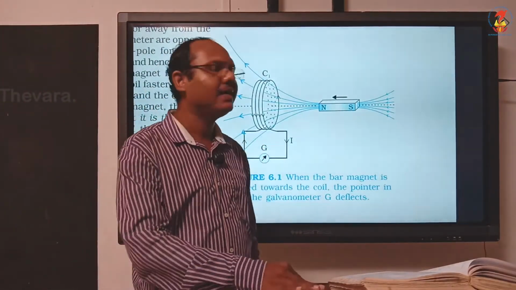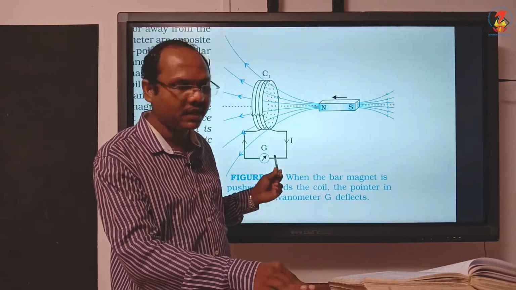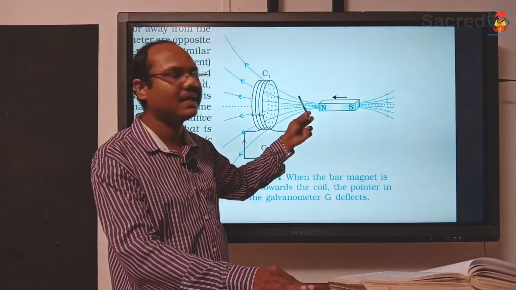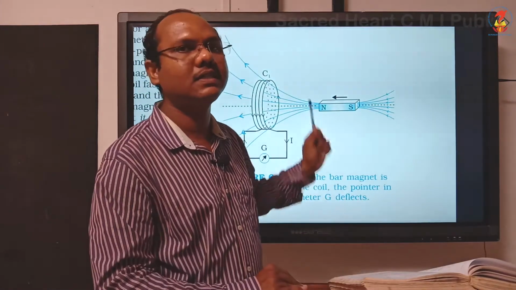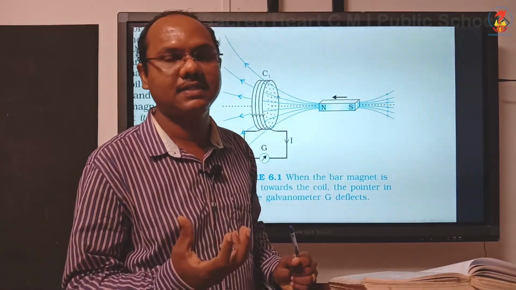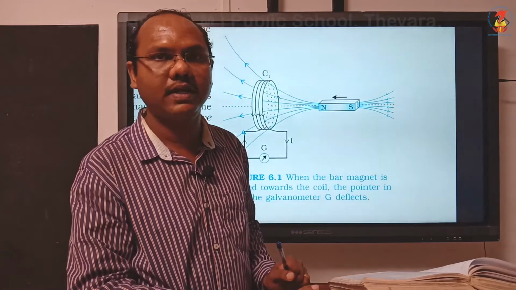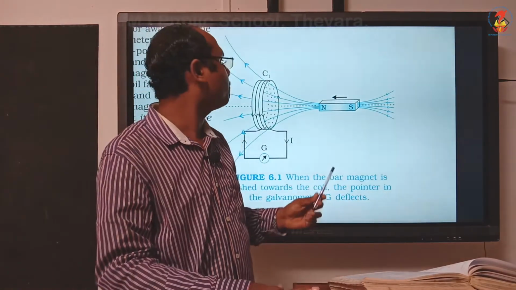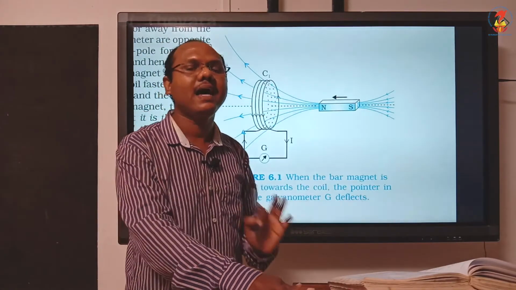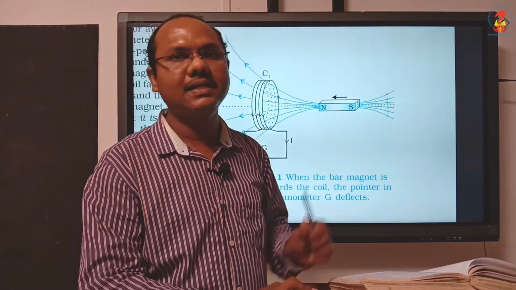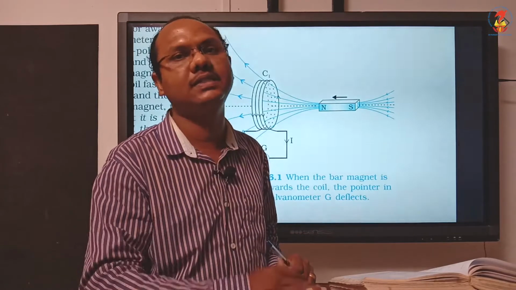So what Michael Faraday did is, he took a solenoid, connected the solenoid to a galvanometer, and he moved the magnet towards the solenoid. As he moved the magnet towards the solenoid, the magnetic flux linked with the solenoid increases and current is induced in the solenoid. And when he kept this magnet stationary inside the coil, at that time the galvanometer does not show any deflection, because at that time there is no change in the magnetic flux.